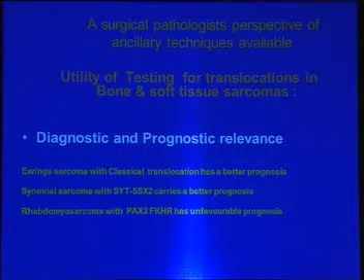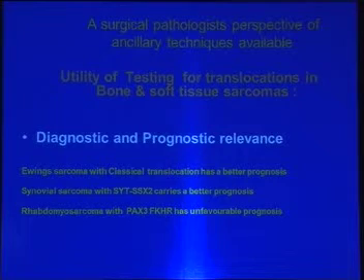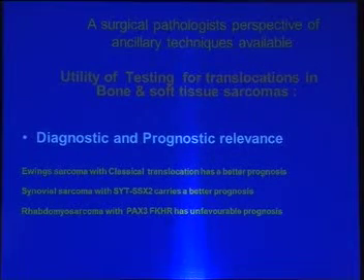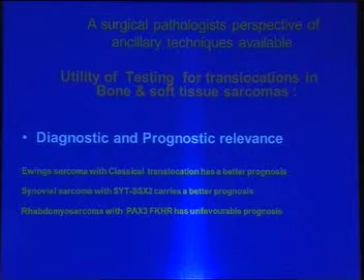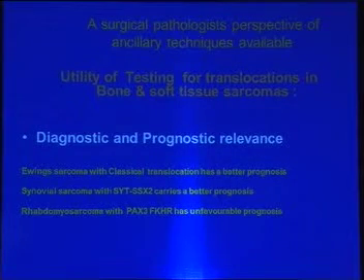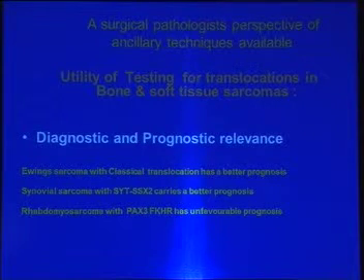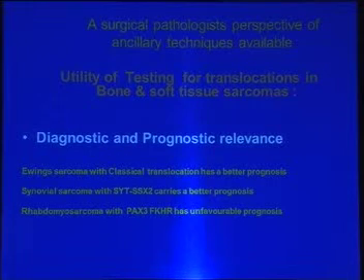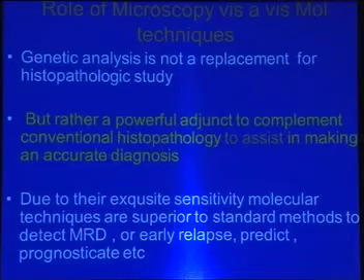The answer is not because the diagnosis is wrong, it's because at the genetic level the molecular break was at a different point. Then synovial sarcomas which have SYT-SSX2 have a better prognosis. Similarly, rhabdomyosarcomas which have PAX3-FKHR have an unfavorable prognosis compared to PAX7-FKHR. So molecular diagnosis is not merely to give a precise diagnosis, but it also helps to prognosticate and predict.